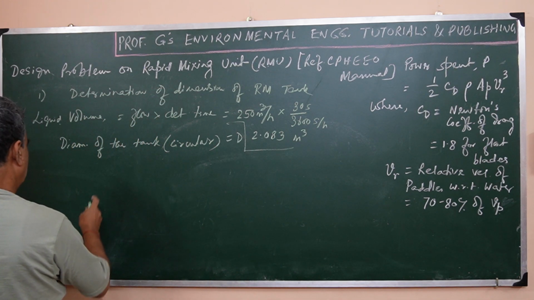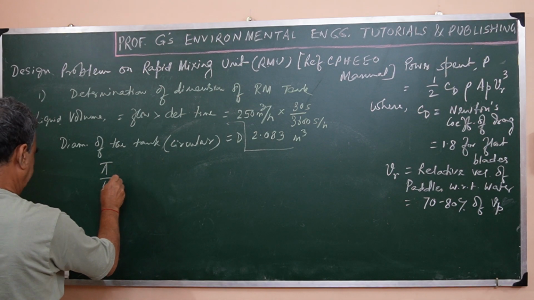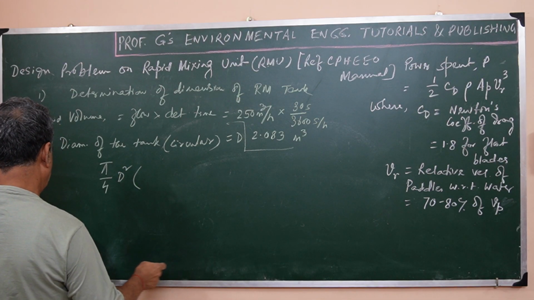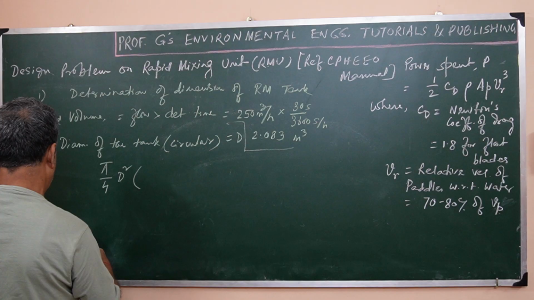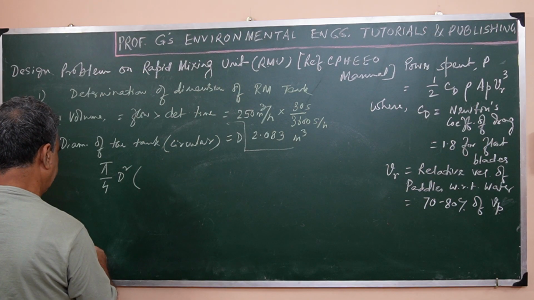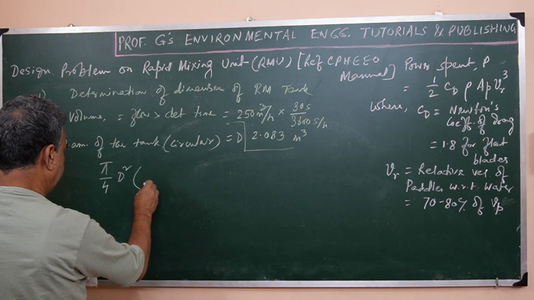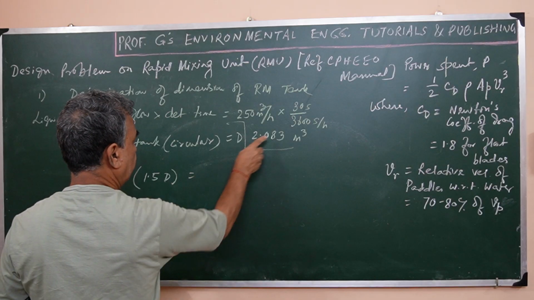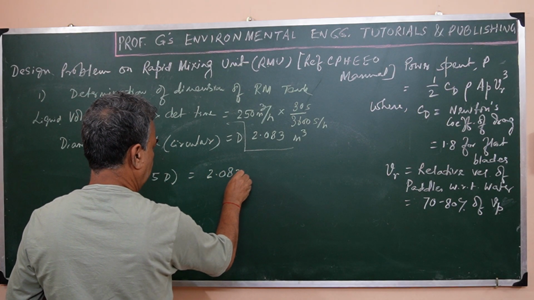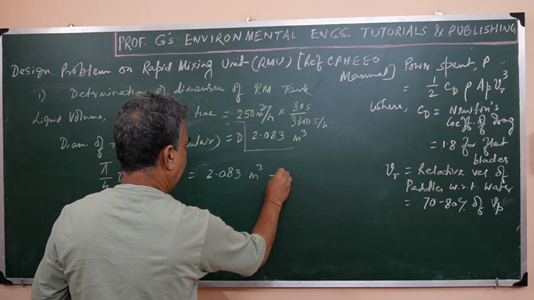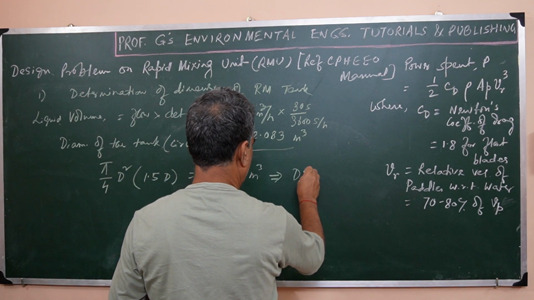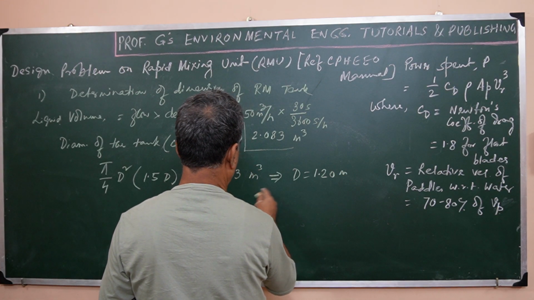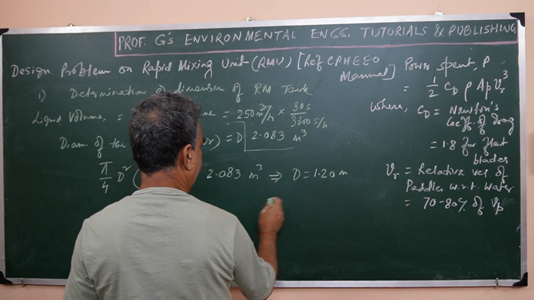Okay, so pi D square by 4, and given that ratio of tank height to diameter is 1.5:1, this will be 1.5 D. That will be equal to the volume. From that you can get D equal to 1.20 meter, and height or depth, here it is better to take the depth.